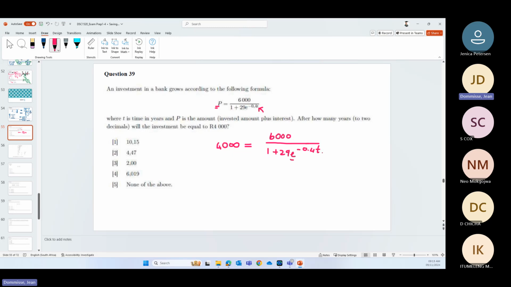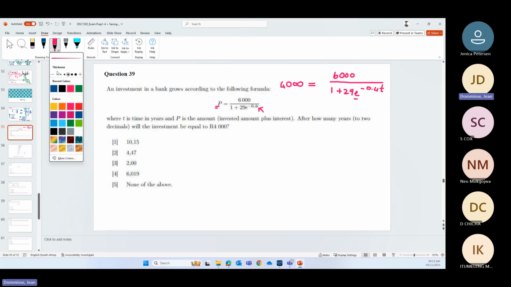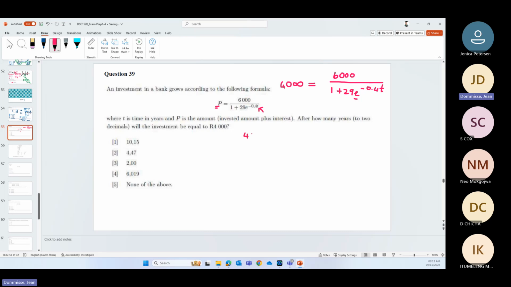Okay, so first step for me, and let me move this so that we just have enough space. So I'm just going to put it up there. So the first thing I will do is get rid of what is beneath the line. So my first step will be to say 4,000. We will multiply that out on both sides.